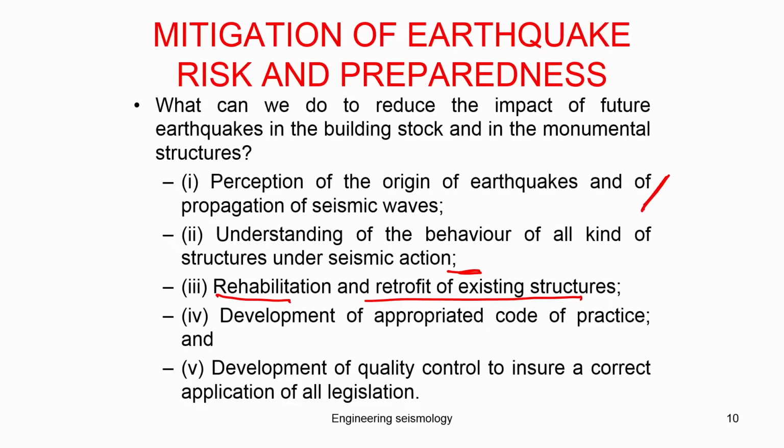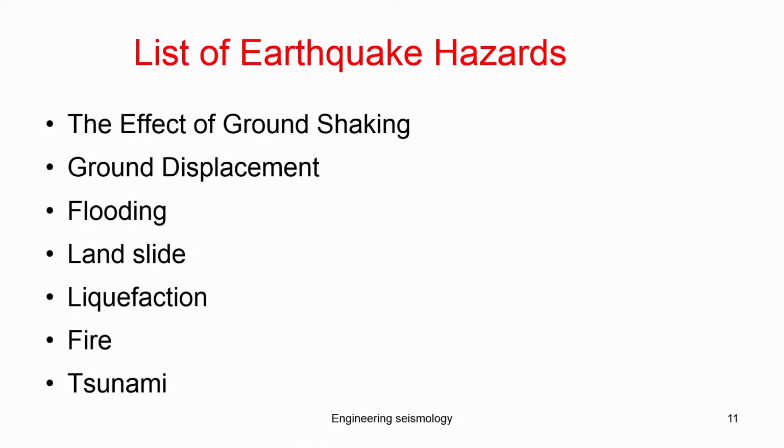The development of quality control to ensure correct application, and legislation, are other important steps to implement all of this. If you follow these steps systematically, you can mitigate and minimize the risk, the deaths, and the economic loss due to earthquakes. That is why understanding earthquakes is very important.